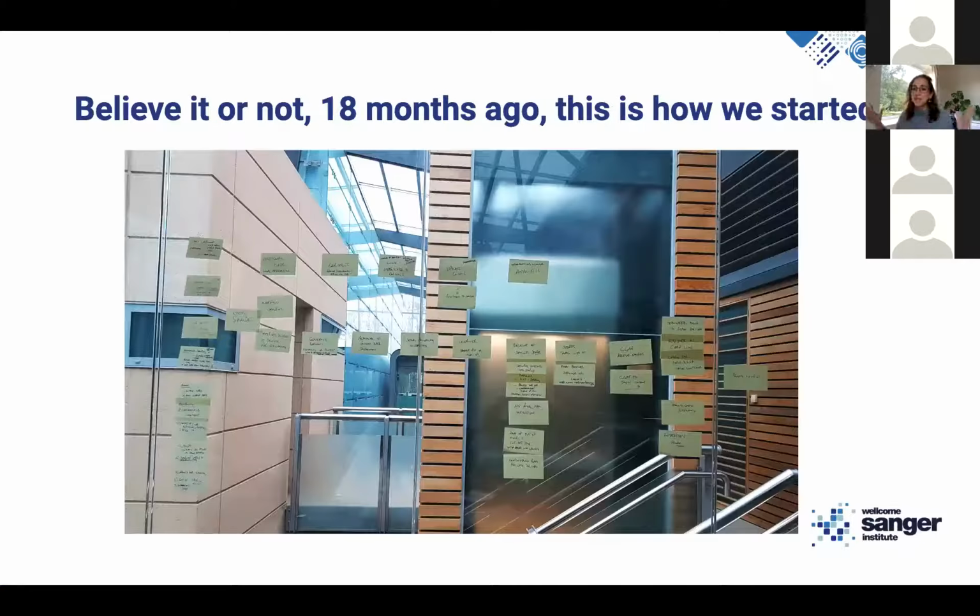But believe it or not, these numbers are quite impressive, but it started very simple, just with little post-its on the wall, on the glass wall. And essentially we were just discussing, right, so we have pandemics starting, what can we do? And how do we do it? And what do we do?